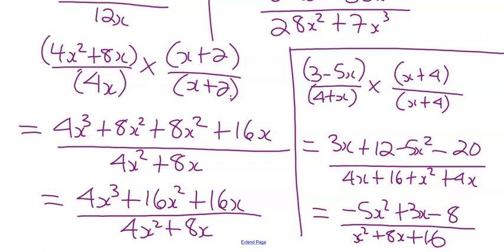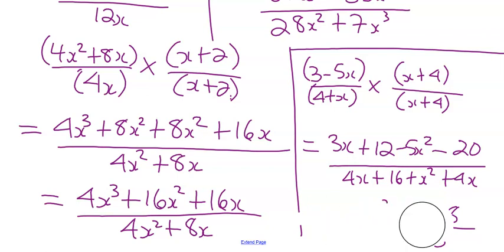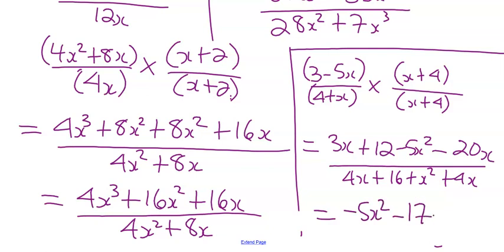Good. Isn't it 20x? 20. Oh. Negative 28. Well, when you say, hey, messed up, on purpose, I might know. I didn't. I just do it. So minus 17x plus 12. Over. Good.